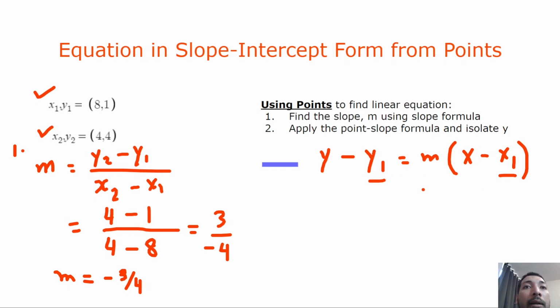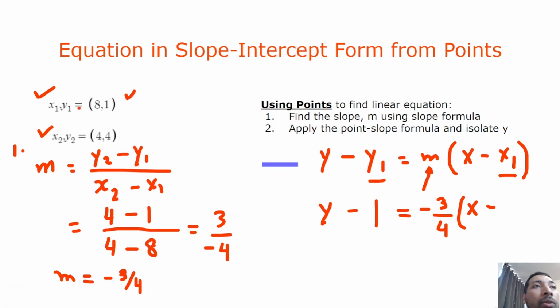And we also plug the value m for this. So let's pick up this point. So we have y minus, for this case, the y1 is 1. For m, we have -3/4. We have x minus, the x1 is 8.